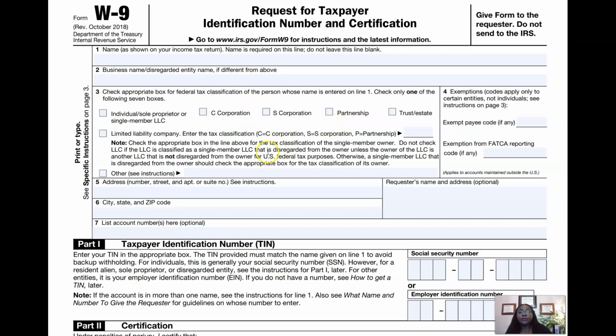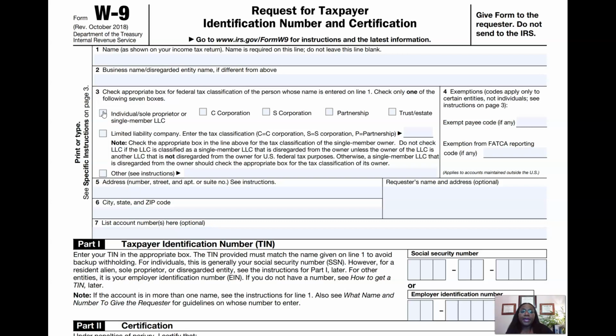That may sound confusing, but if you have LLC in your name, then you check that box and you elect how you want to be taxed, okay? If you have LLC and you have not elected how you want to be taxed, then you would just select the individual. But like I said, this is for the person you're paying to fill out. So you're not really going to be concerned with how to fill this out. It's up to them to fill it out correctly.